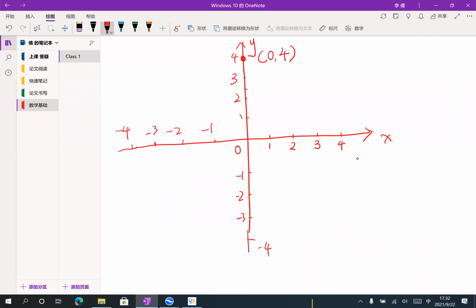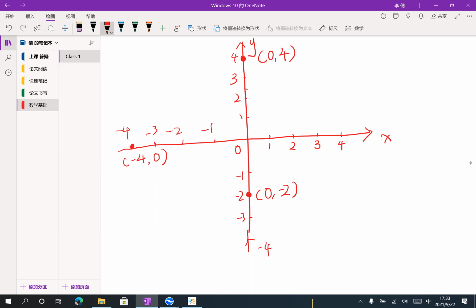Okay, and if there is a point here, the ordered pair of this point will be what? (-2, 0). Yes. And this point? The ordered pair is (0, -4). Yes.